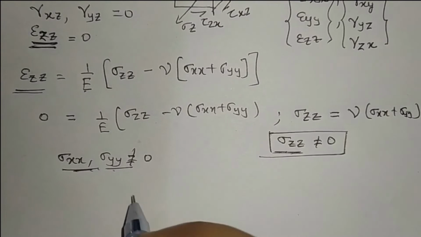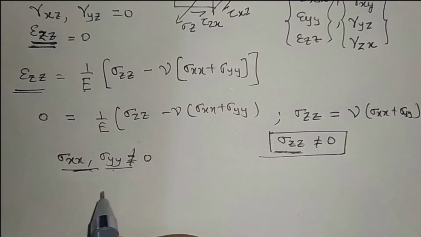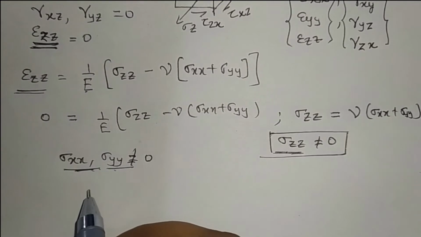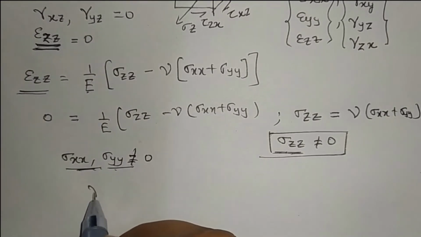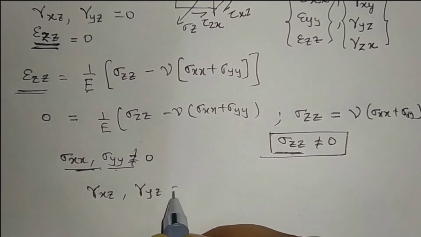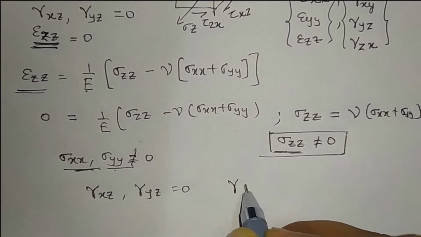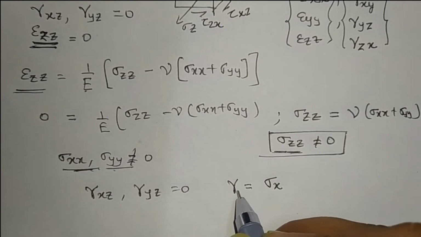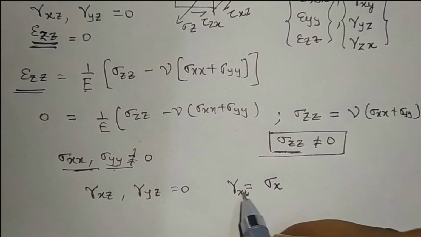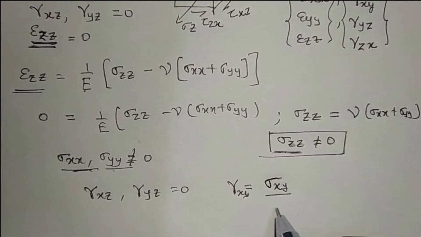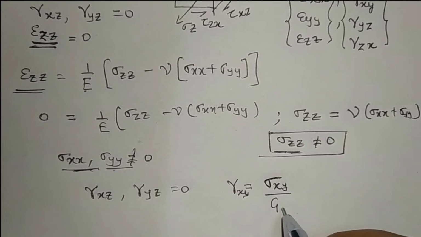Now we have to see whether the shear stress is 0 or not. As the shear strains in xz and yz are 0, we know the relation between shear strain and shear stress. For example, shear strain in the xy plane is equal to shear stress in the xy plane divided by G, which is the shear modulus.